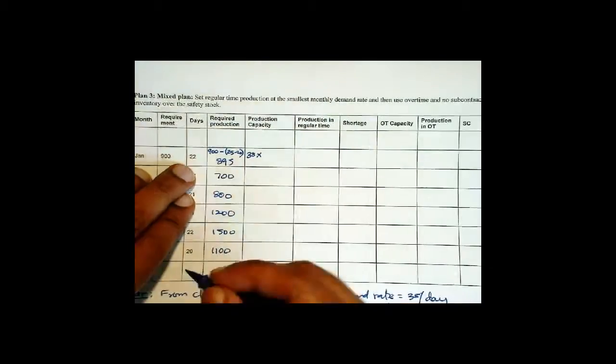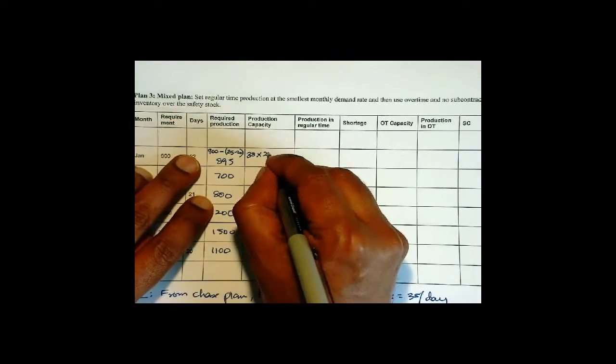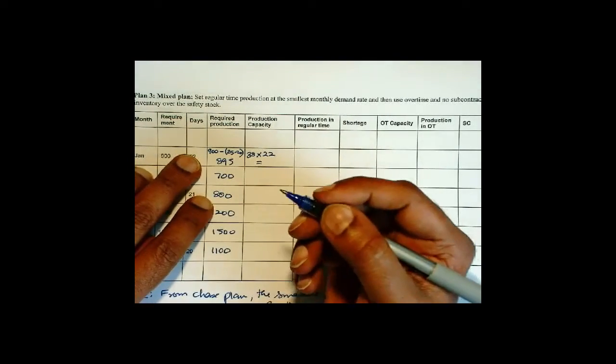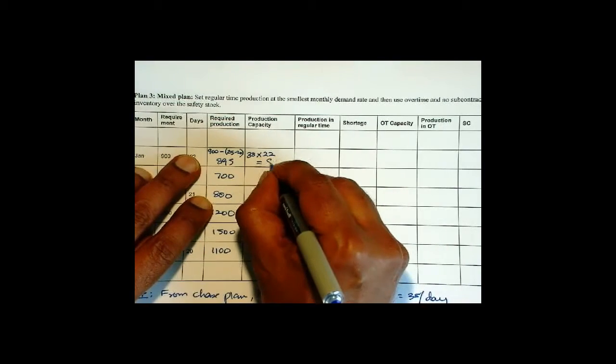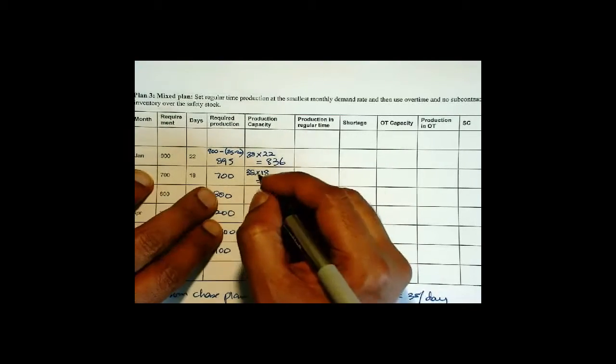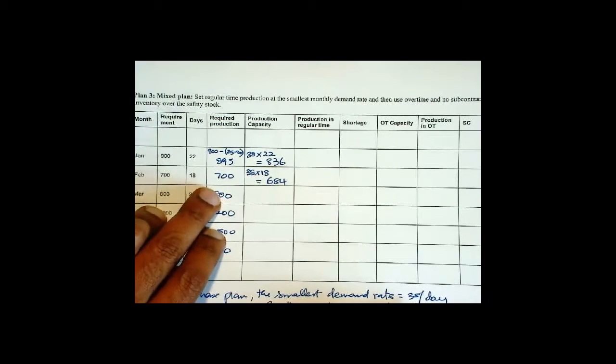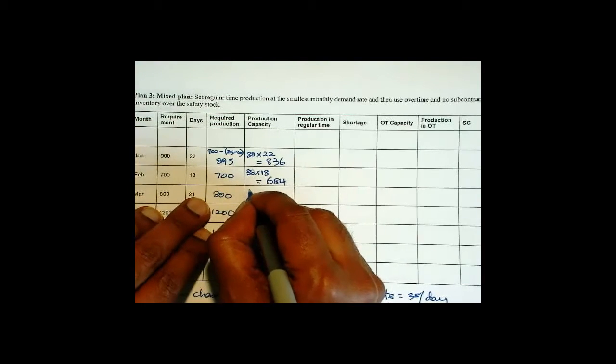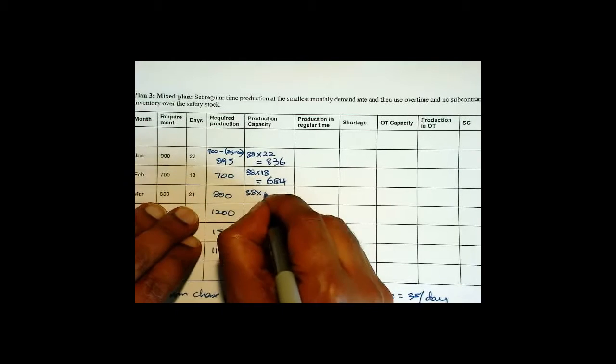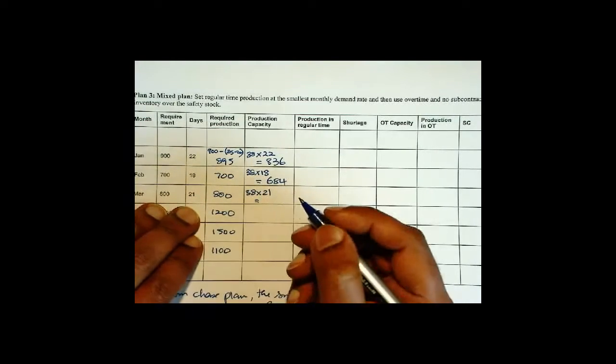the number of days. So 38 times 22 will give you 836, and 38 times 18 will give you 684. So there is a small amount of rounding in that 38. So we get 38 times 21 will give you 798.